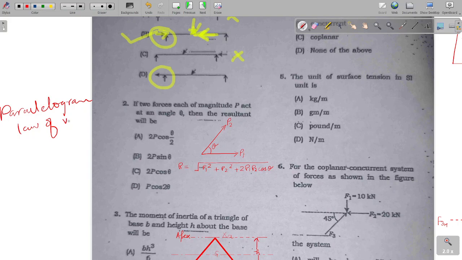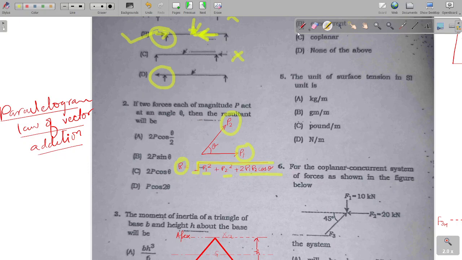What it says is, if there are two forces P1 and P2 acting at an angle theta with each other, then the resultant will be given by the expression square root of P1 square plus P2 square plus twice P1 P2 cos theta.